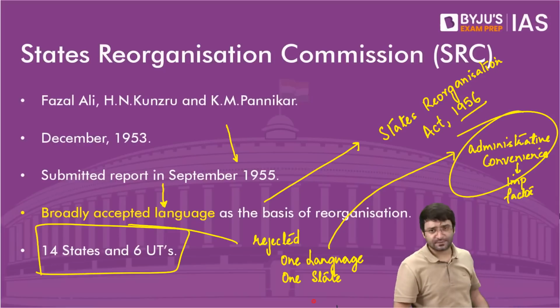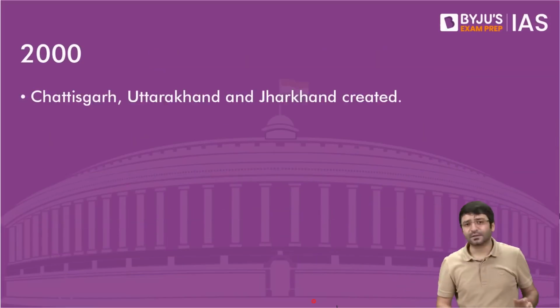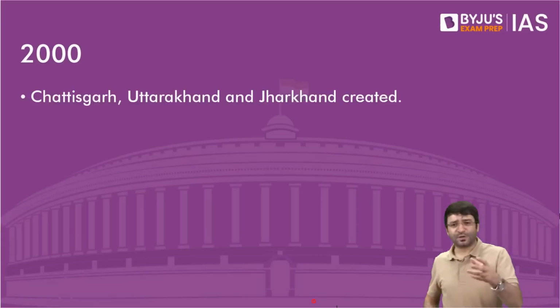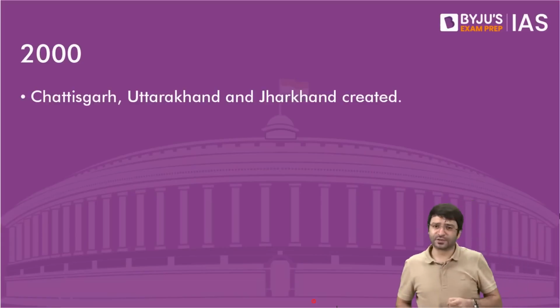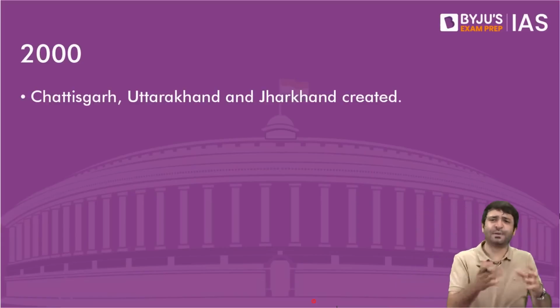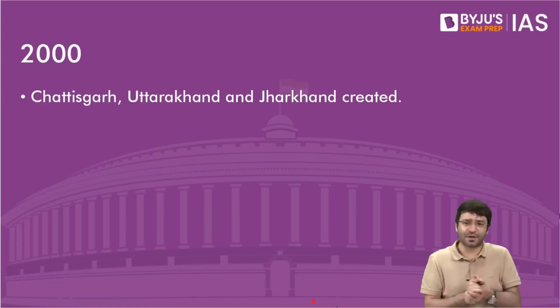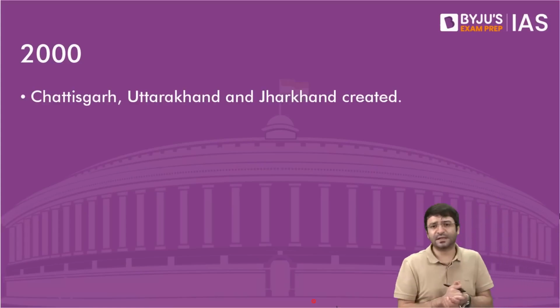In hindsight, when we look at what happened after that, Punjab was divided into Punjab, Haryana, and Himachal Pradesh. We saw Bombay was reorganized. We saw Goa became first a union territory, then a state. We saw that in 2000, 3 more states were carved out. Then we saw in 2014, Telangana was carved out.